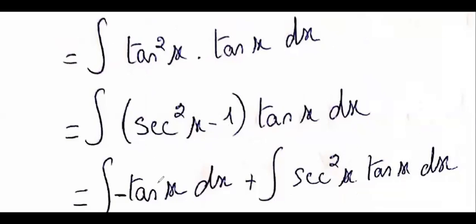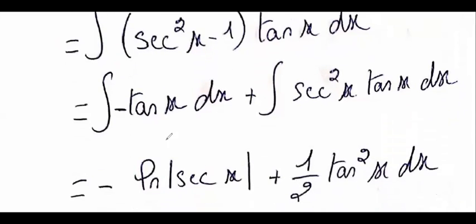The integral of tangent x is ln secant, so I will have minus ln absolute value of secant, and for the integral of secant squared tangent x, it's as if I have tangent to the power 1, so it's u prime multiplied by u, which is u squared over 2, so I'm going to get minus ln absolute value of secant plus half tangent squared x plus a constant c. I'm sorry, this is not dx, this is plus a constant c.